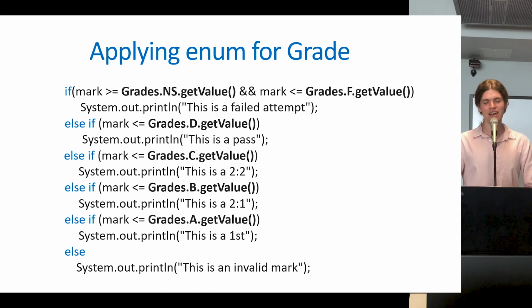Okay, so that's how we can use enumerations within the context of comparisons with integers. Okay, so that will perform the same as the constants here to print out the appropriate message for the grade that we got.